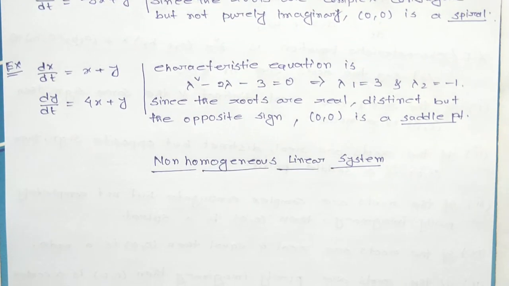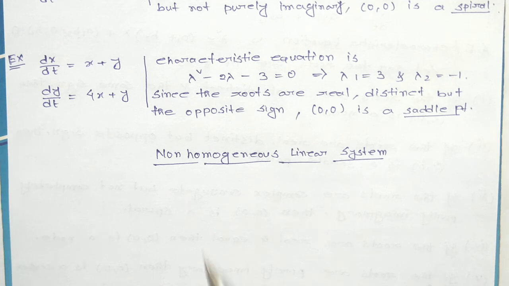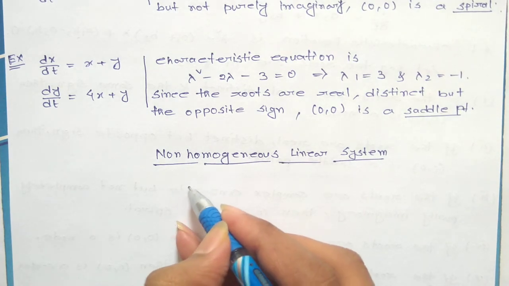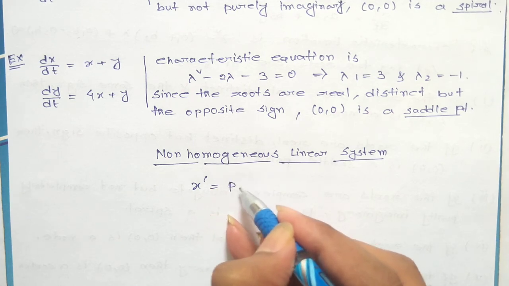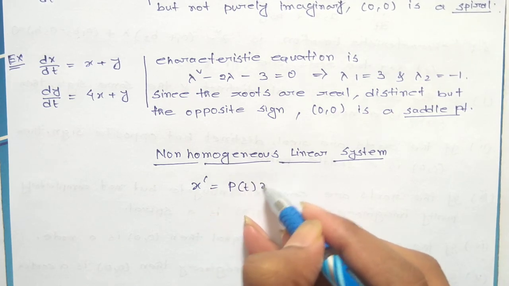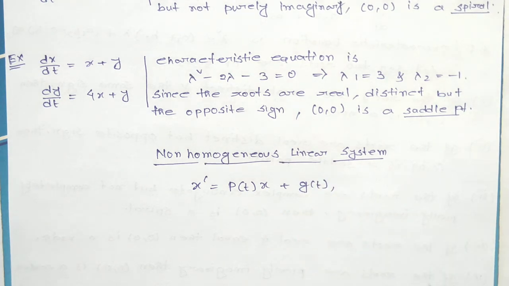We consider here the system, let's say x dash equals P of t into x plus g of t.